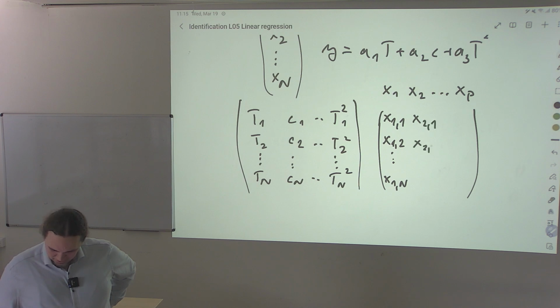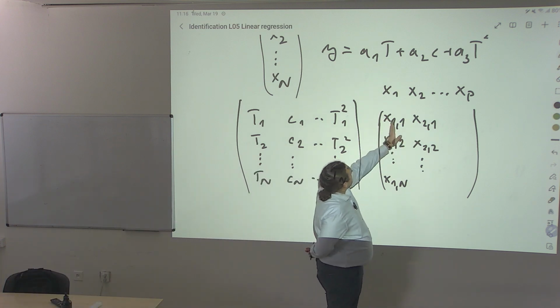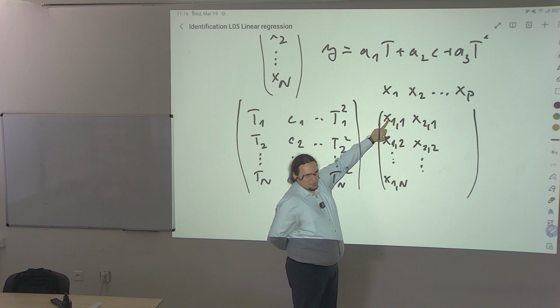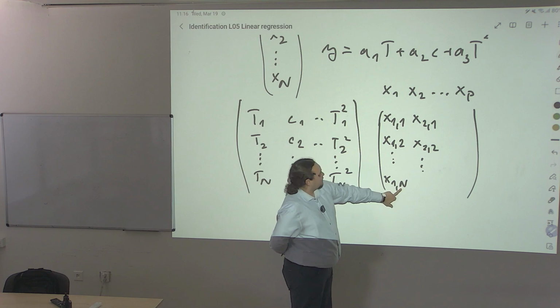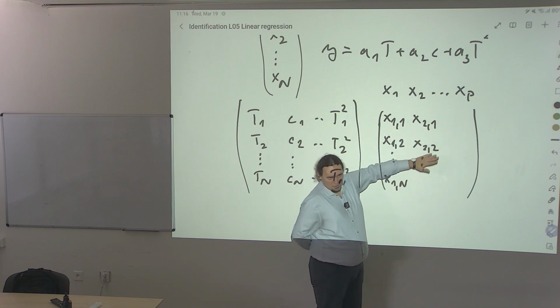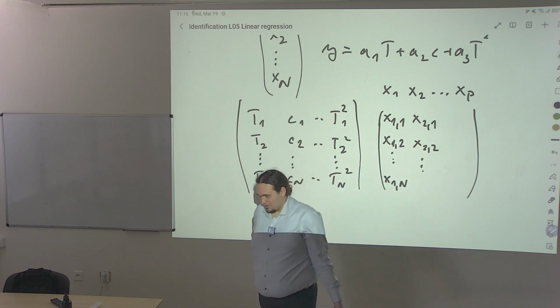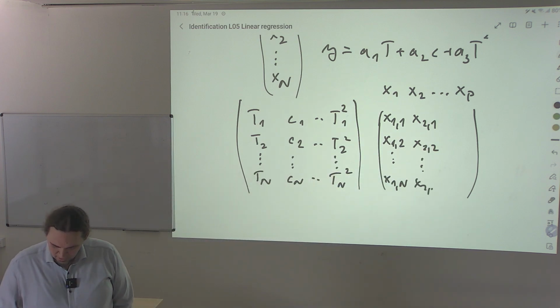Let's just write this for the second variable. So if this was temperature, we have temperature in first experiment, temperature in second experiment, third, fourth, fifth, and so on, until the nth experiment. Then we have concentration in the first experiment, concentration in second experiment, and so on, until the nth experiment.